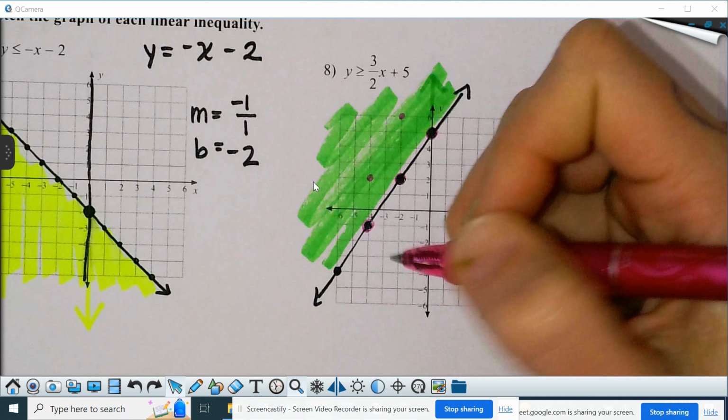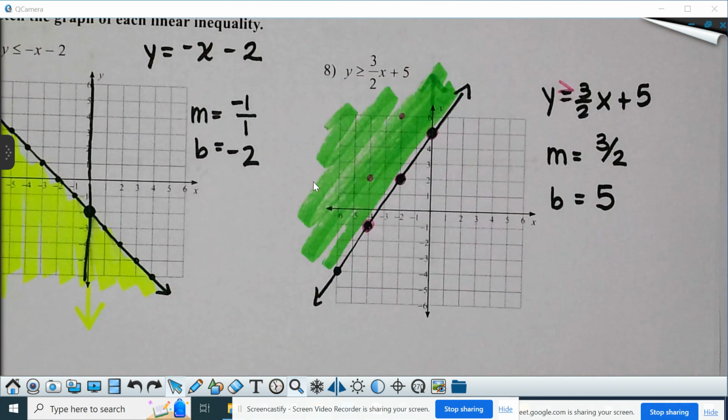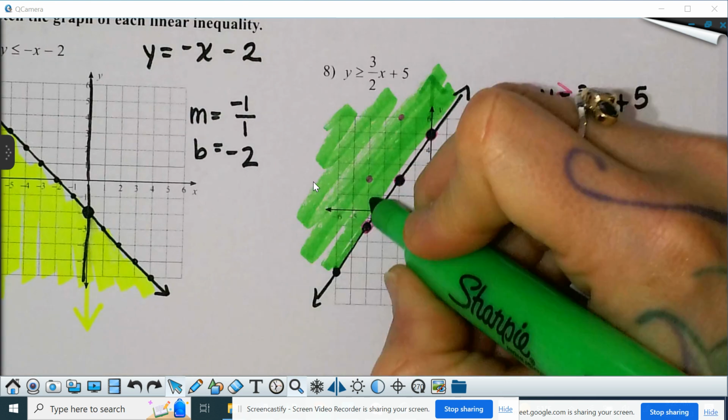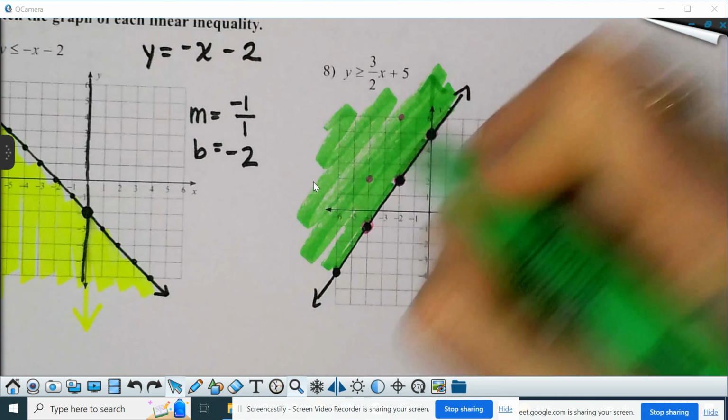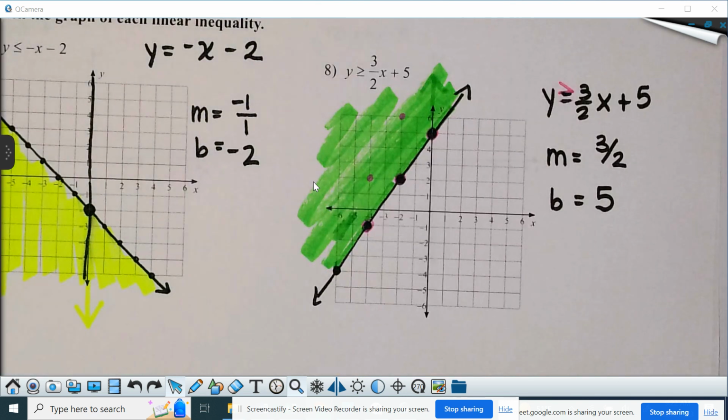Had it been a dashed line, they would not be true. And in this case, I didn't color all the way to the line, which is probably a little misleading. It goes all the way up to the line. So every point that falls up there, like in quadrant 2, above that line will make this statement true.